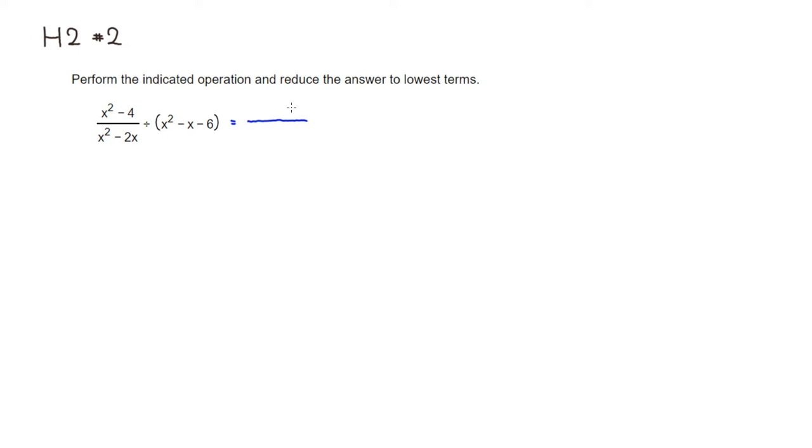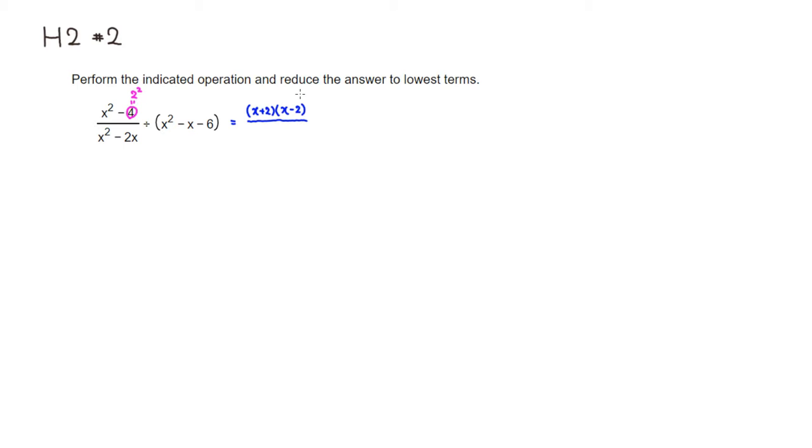this is a difference of squares, because you can see that 4 is the same thing as 2 squared. So you have x squared minus 2 squared, which we can factor as (x plus 2) times (x minus 2).